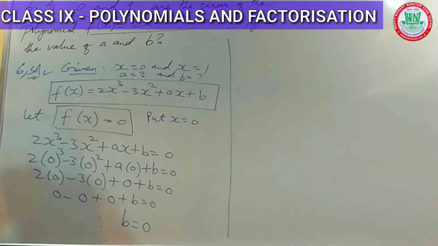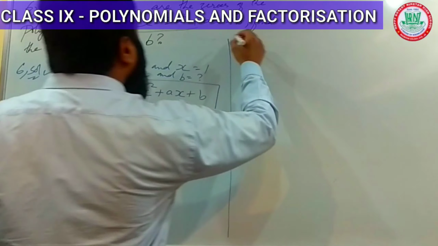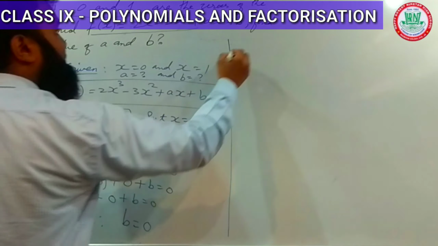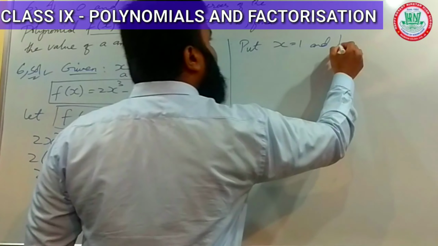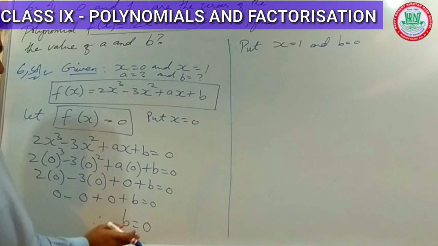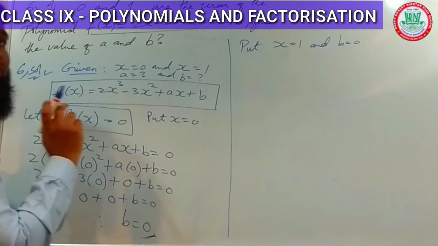Now again, what value have we taken? x as 0. Now put x as 1, and b is equal to 0. What have we found so far? Only the b value. We need to find the a value also.